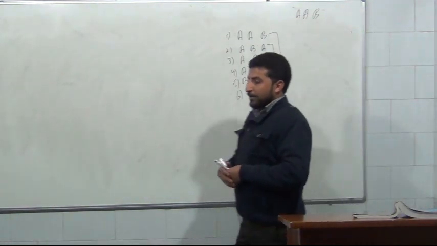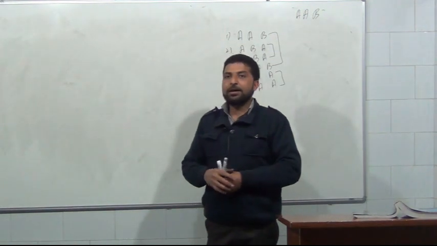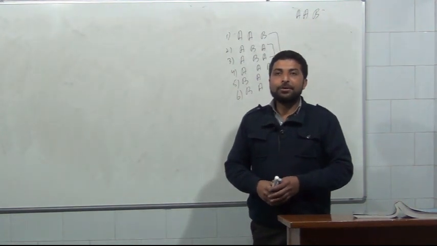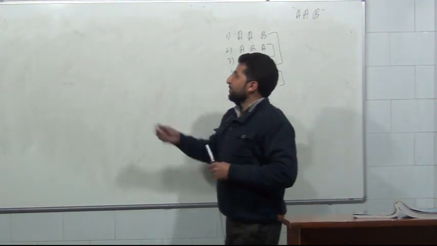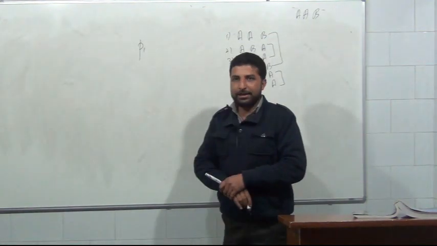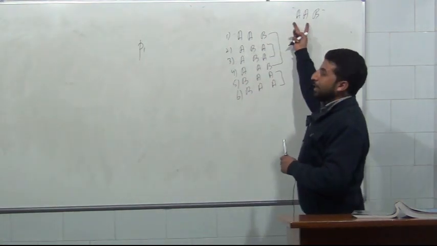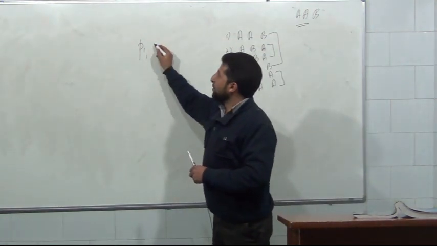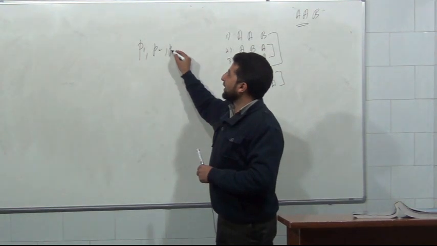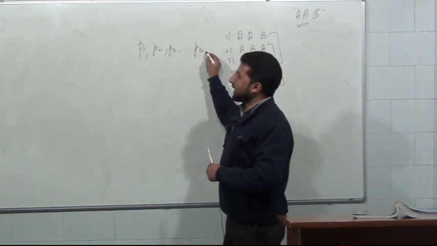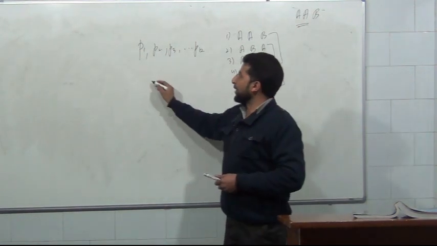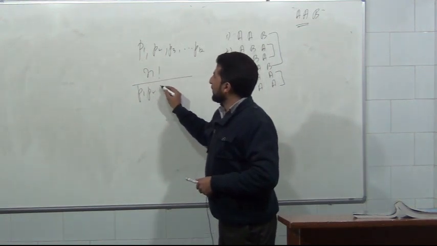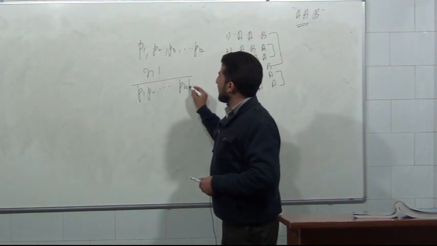If the total number of permutations of n objects, when P1 are of one type, like in this you have 2 of one type and 1 of another type, P2 of another type, P3 of another type, and so on, Pk of another type, then the total number of permutations is n factorial divided by P1 factorial, P2 factorial, and so on, Pk factorial.